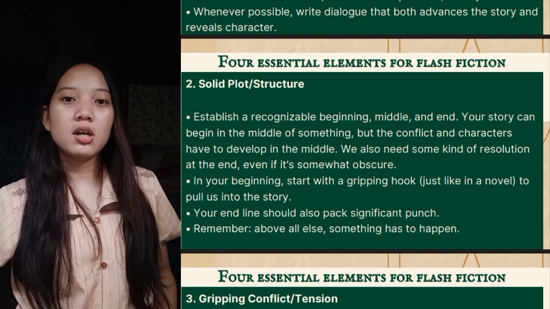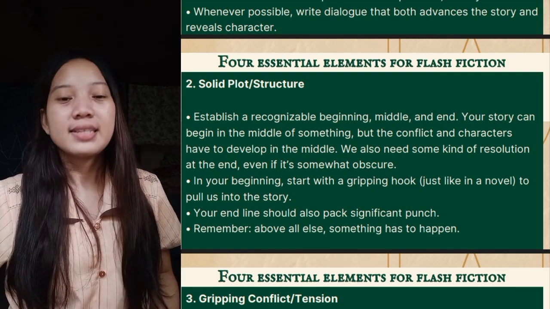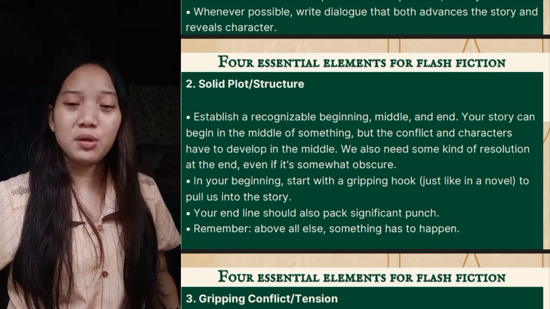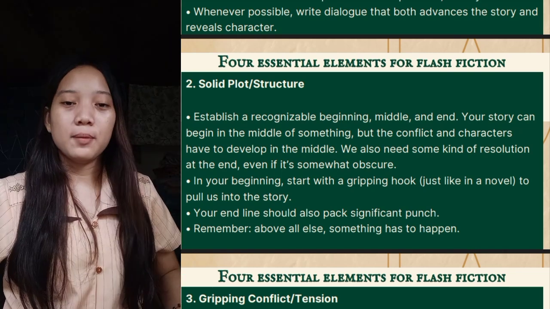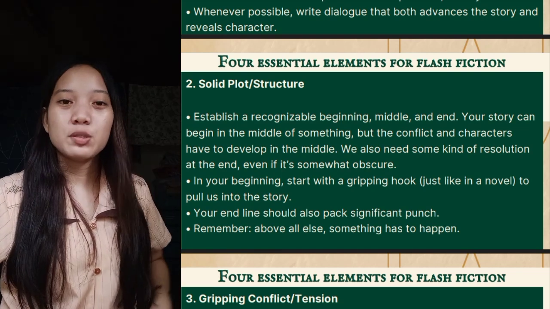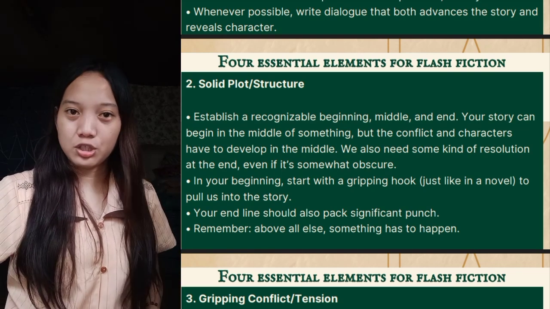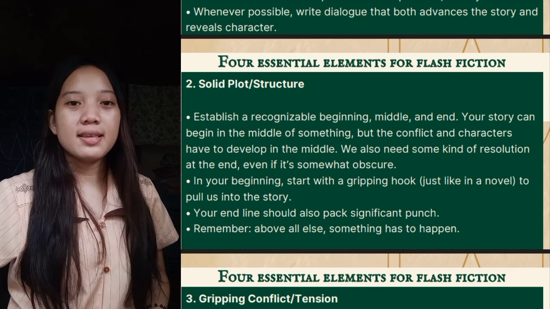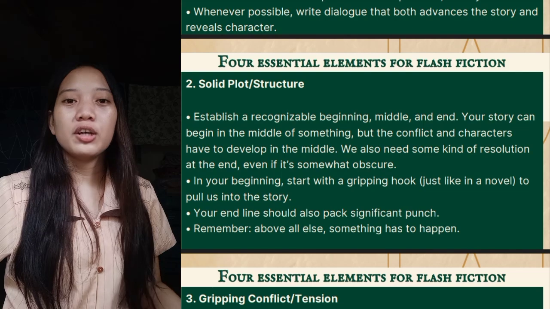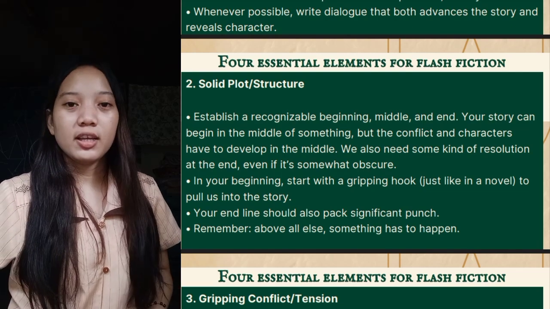Even if your story is short, something important has to happen in the middle that challenges your character. And lastly, we have to end with a punch. We should make the last line memorable. It could be a twist or a thought that leaves the reader thinking about it.